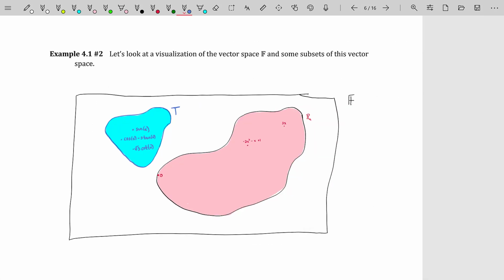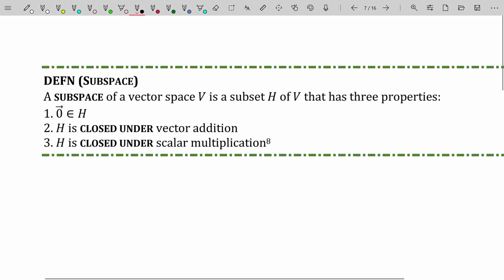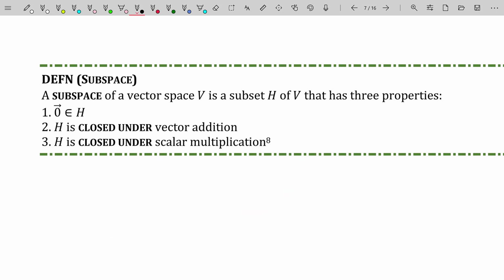But what makes a subset of a vector space gain the name subspace? Well, we first need to define what a subspace is, and actually in that definition, we'll gain the ability to understand what it takes for a subset to be a subspace. A subspace of a vector space V is a subset, which we're going to call H for right now, of V that has the following three properties.